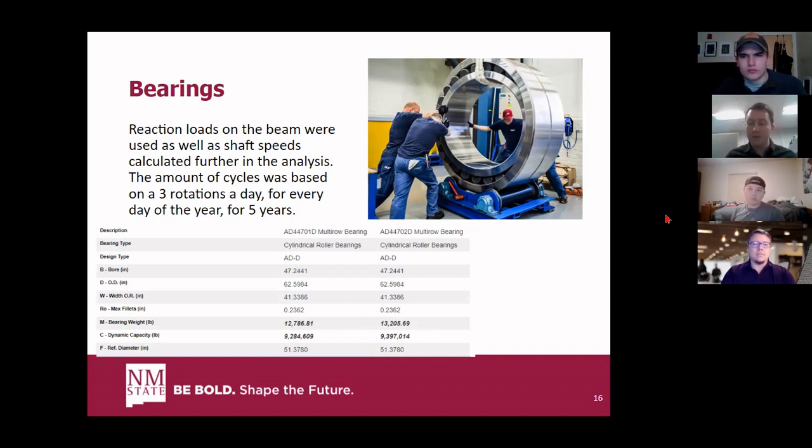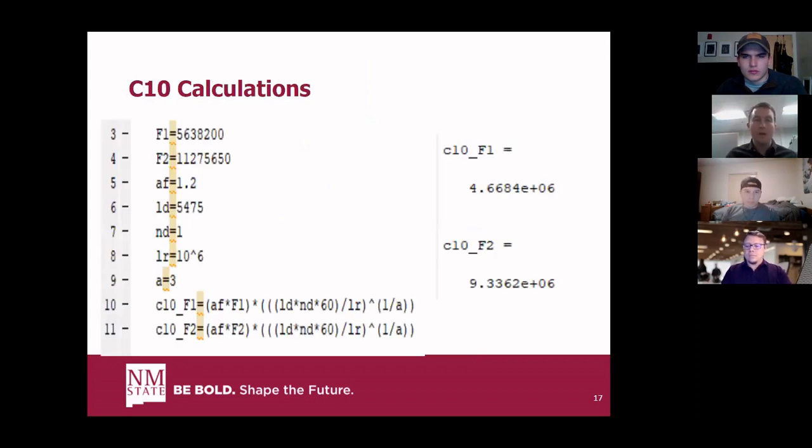This bearing here is specifically made by SKF. It's a custom bearing, and that is the route we would have to take in order to get the bearing that we needed. And here are the C10 calculations based on the forces, the application factor of 1.2, and assuming all the other things, we got a C10 of about 4.6 and a C10 of about 9.3, and this is in kilonewtons.